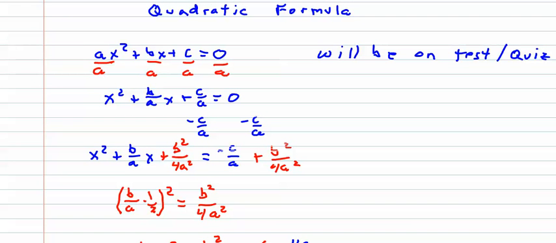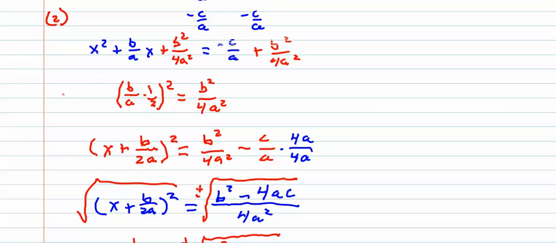We divide by the leading coefficient to get the leading coefficient to be 1. We move the constant term to the other side. We then take half of that linear term, we square it, and that gets added to both sides.